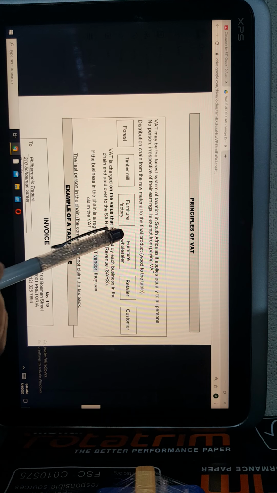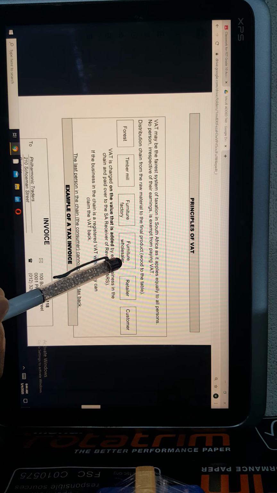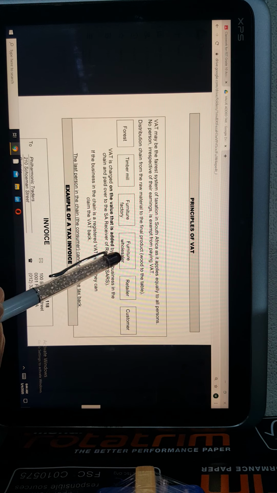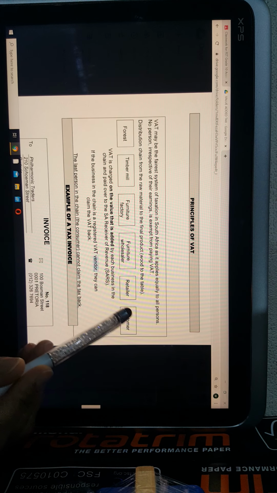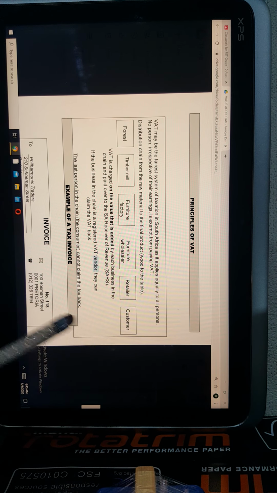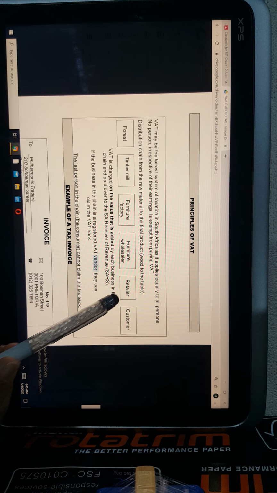Then the furniture factory is going to sell it to the people who are wholesaling furniture. They're going to buy it from them. Then the retailer is going to go to the furniture wholesaler and buy it from them. And eventually the last person in the chain is who? Me and you, the customer, who goes to the retailer and buys the furniture.